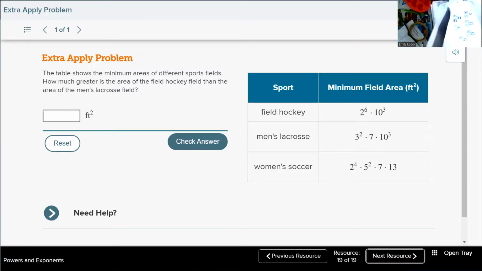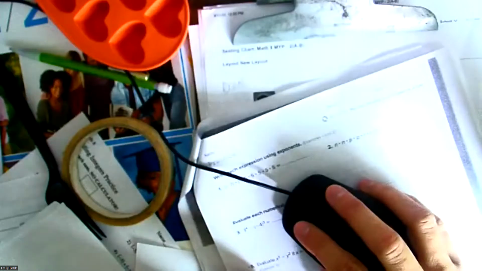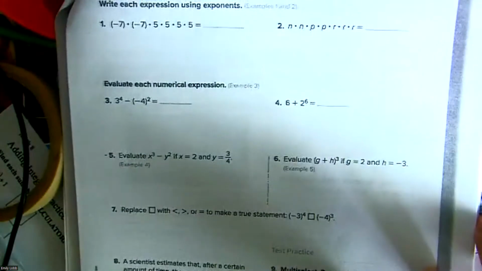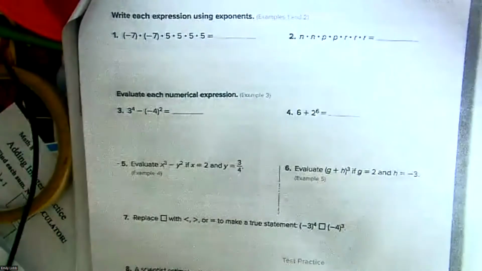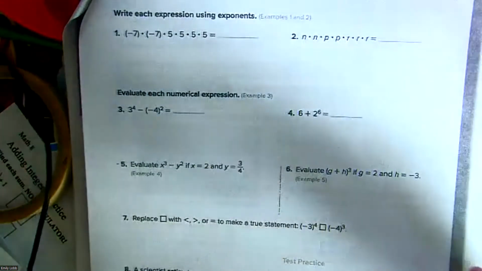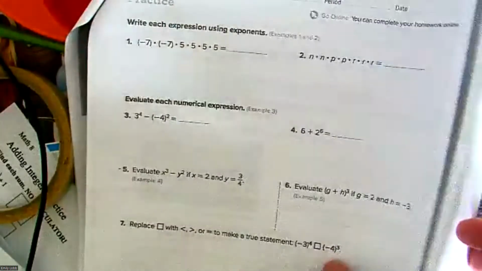Okay, so I'm going to switch over and stop sharing that screen so you can look at what this practice looks like. This practice is literally what you are doing on your own to practice. If you're having a hard time, remember to go back.